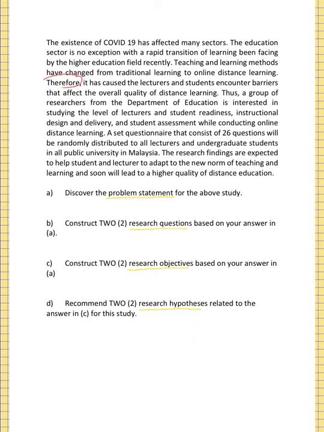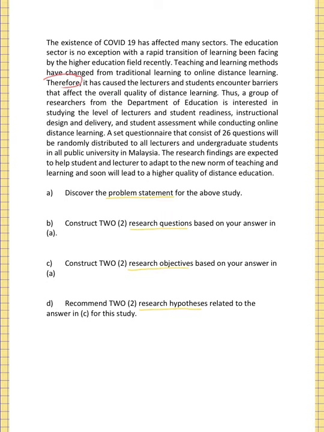The existence of COVID-19 has affected many sectors. The education sector is no exception, with a rapid transition of learning faced by the higher education field recently. Teaching and learning methods have changed from traditional learning to online distant. Therefore, it has caused the lecturers and students to encounter barriers that affect the overall quality of the distance learning.